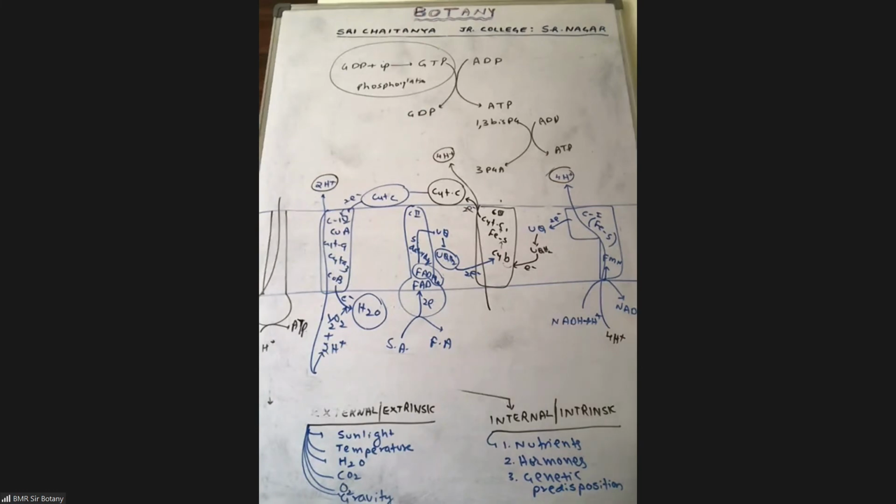In the amphibolic pathway, acetyl-CoA can be withdrawn to form many organic compounds such as cutin, gibberellin, ABA.